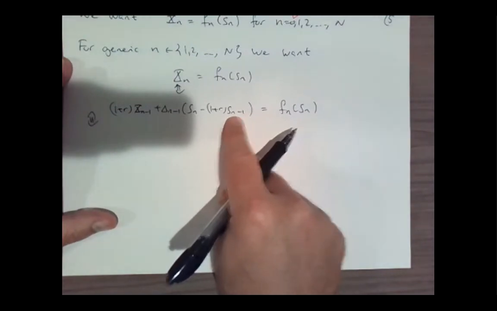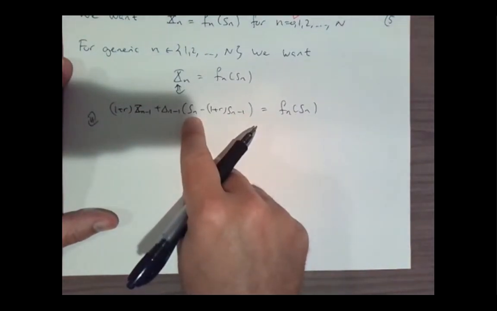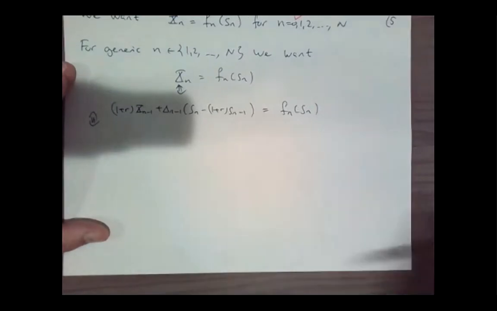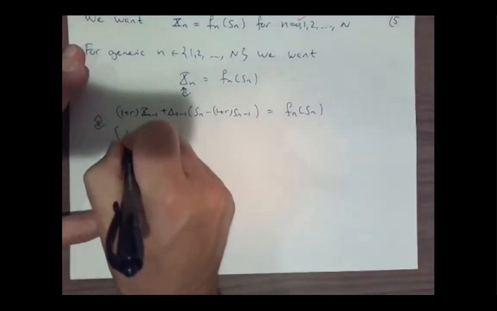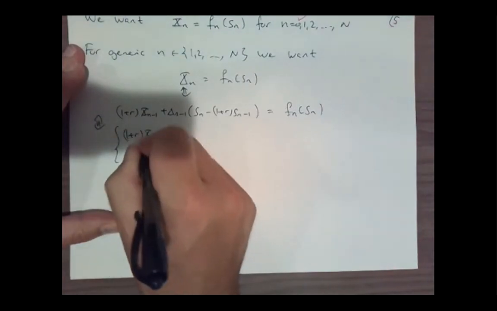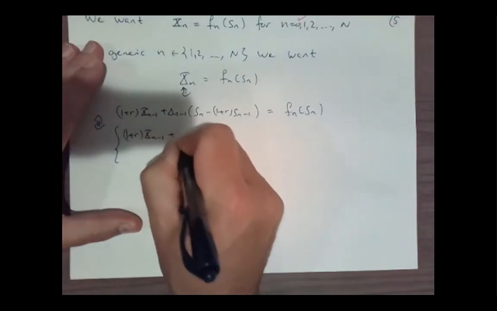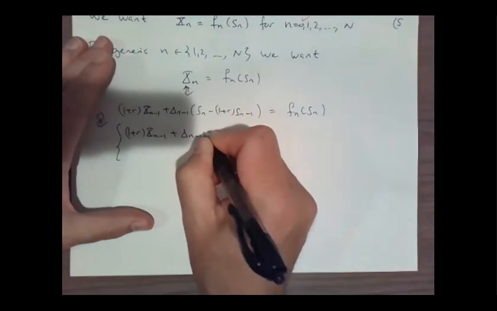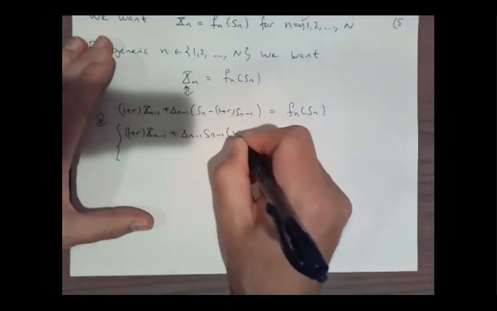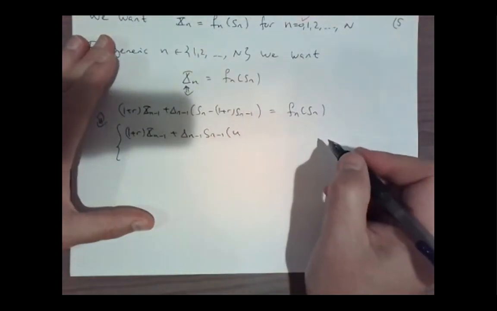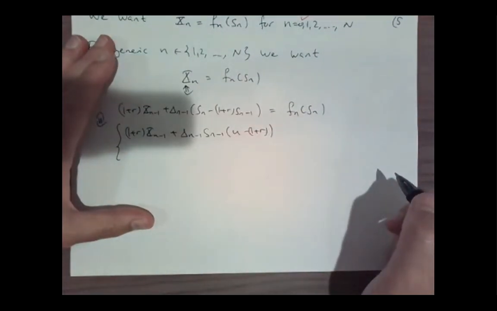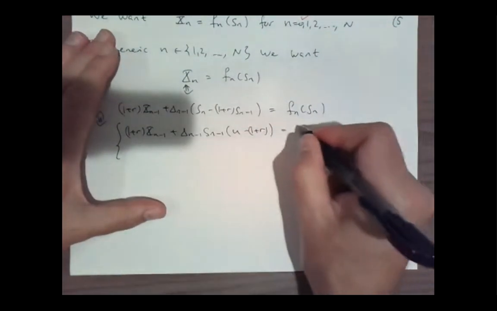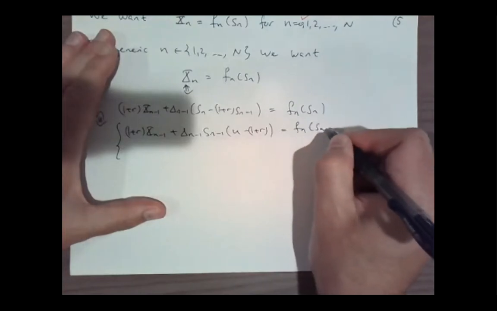There are two possibilities for Sn, and so I really have two equations here. On one hand, it'll be 1 plus r times x_{n-1} plus delta_{n-1} S_{n-1}, and then in the up state, u minus 1 plus r. This needs to be S_{n-1} times u.